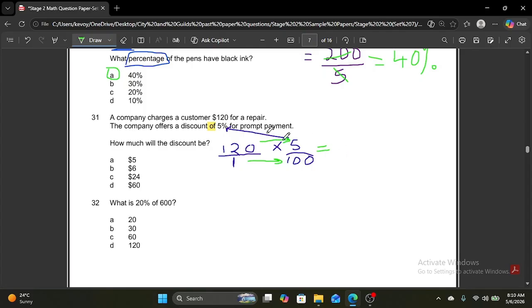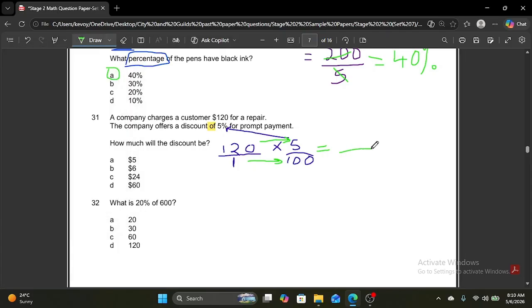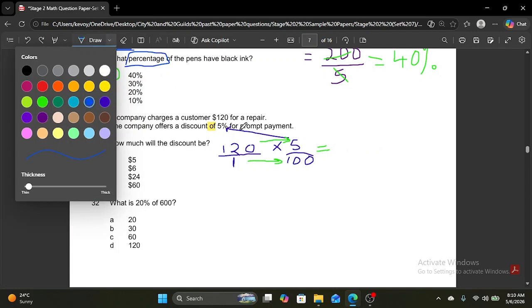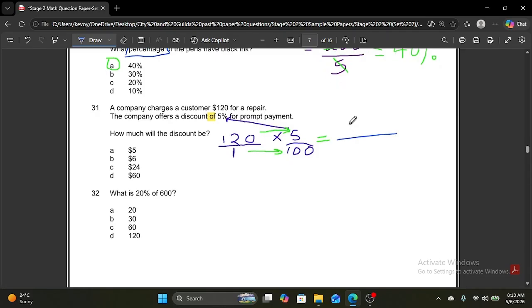Let me change the color. Alright, so 5 times 120: 5 times 12 is 60, and you add the 0, so 600.